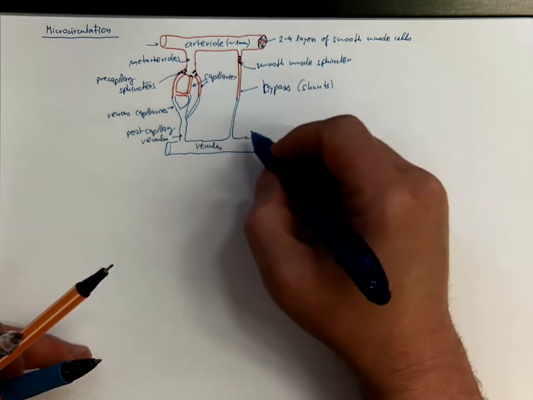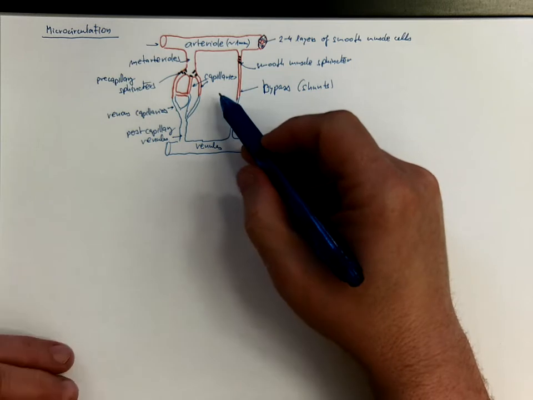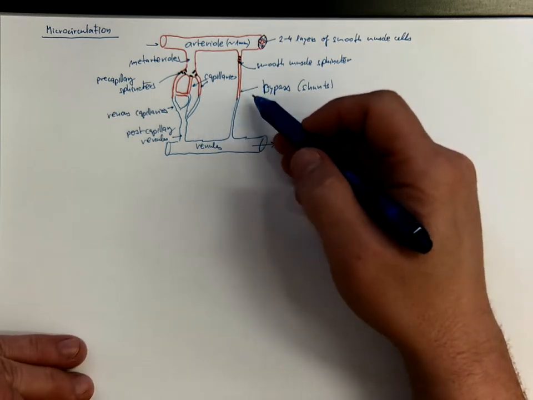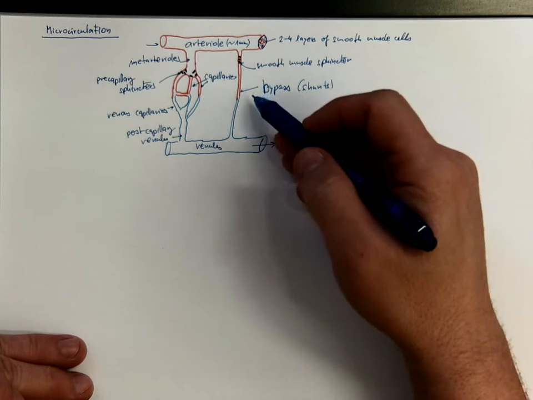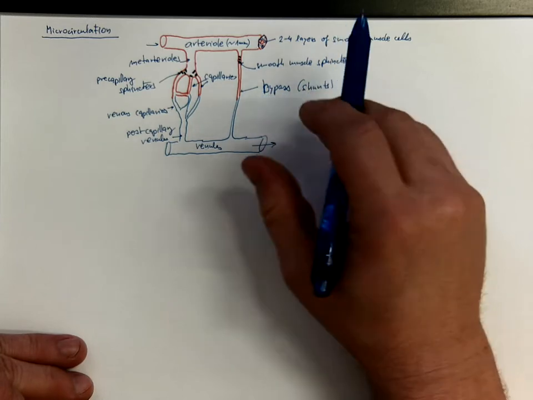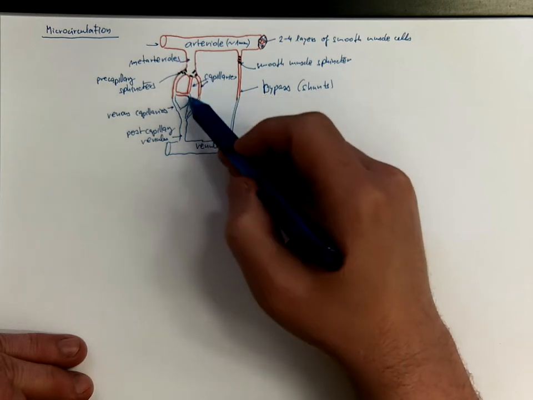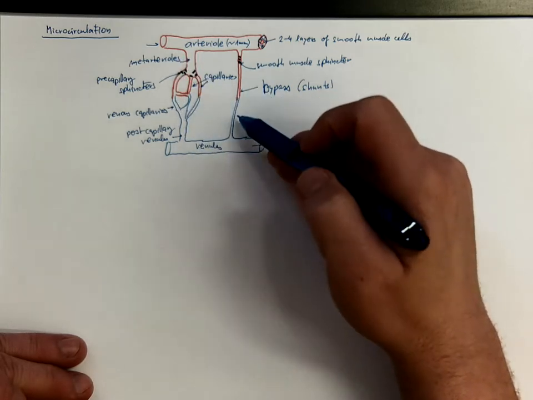With this architecture, individual organs of our body, like skin, muscles, intestines, etc., might regulate the volume of blood flowing through the microcirculation.